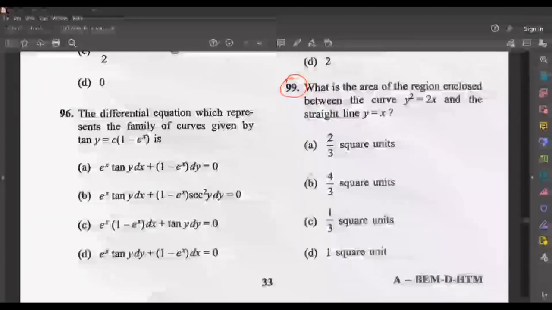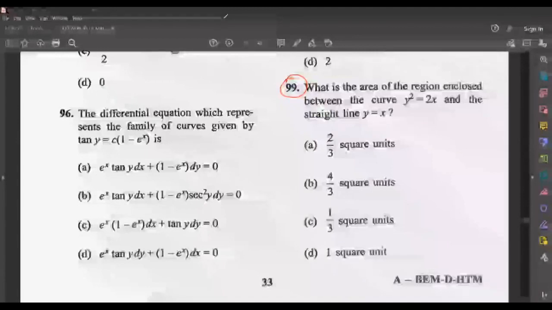Okay, so here they have given y square is equal to 2x. Y square is equal to 2x is a parabola, isn't it? And you have to find the area enclosed between this curve and the straight line.